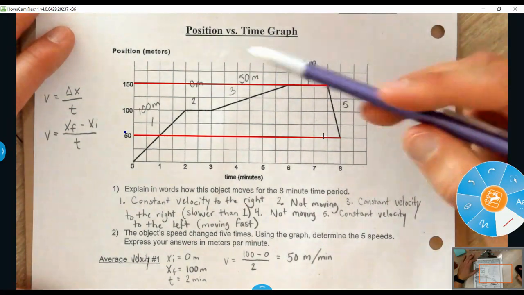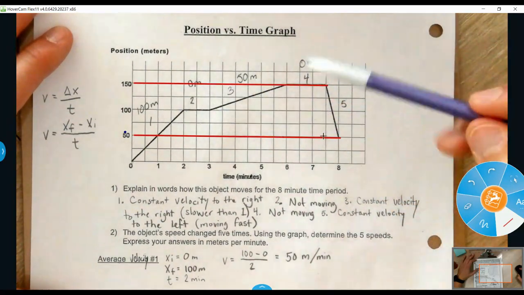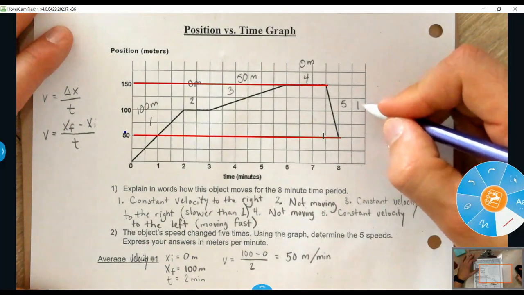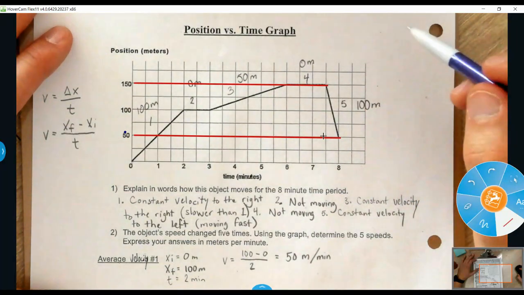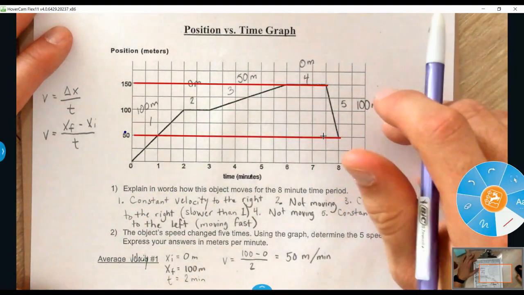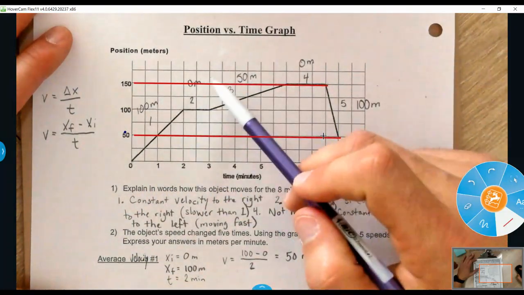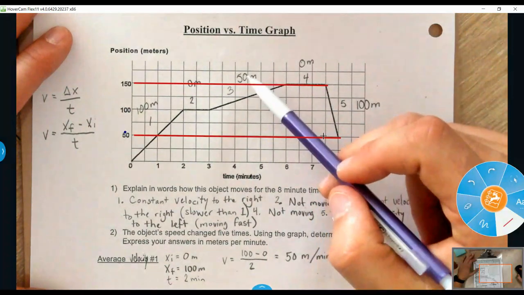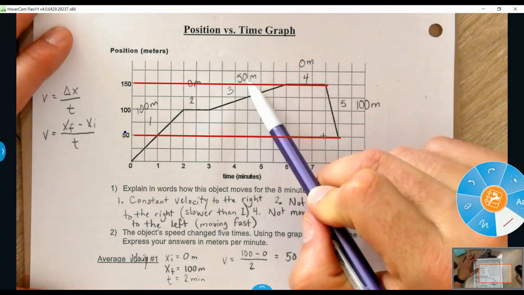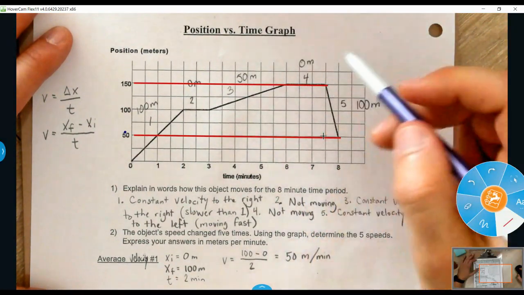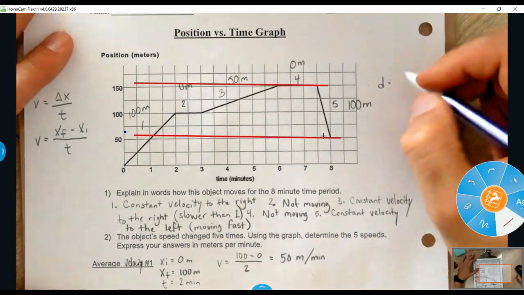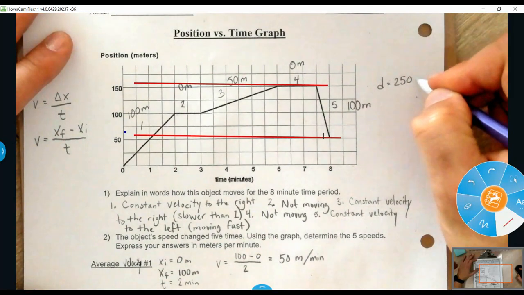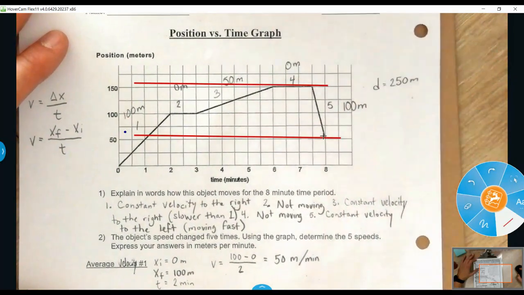So if I went from 150 to 50, how far did I just move? 100 meters. And so to do the total distance, now you add them all together. 100 plus 0 is 100, plus 50, 150, plus 0, still 150, plus 100. So distance would equal 250 meters.